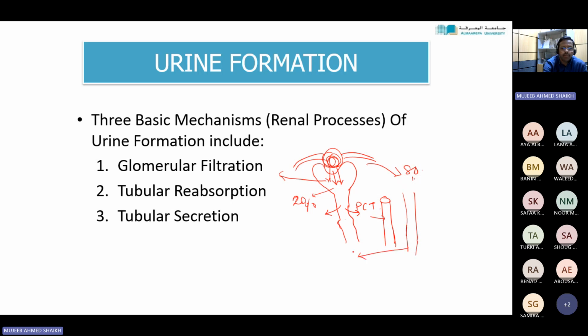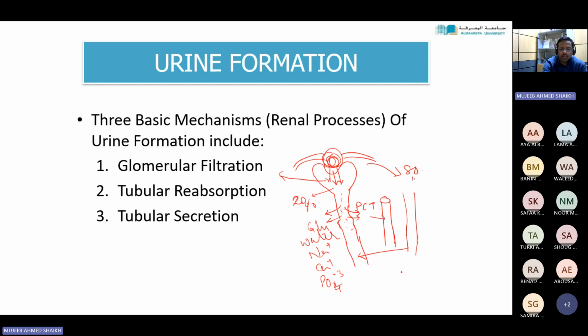So they will be added back into the filtrate. Here is the filtrate. Once filtration occurs, the filtrate forms here, and essential things like glucose, water, sodium, calcium, phosphate, all of which are required by the body, are reabsorbed. But what is not required by the body?